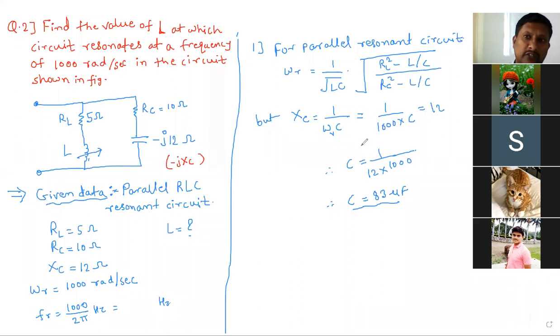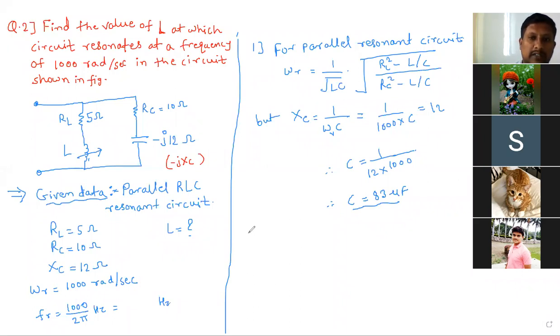So we require only one formula, but this calculation is complicated, and the students make mistakes when calculating all those things. So this is the one method. The second method I will tell.